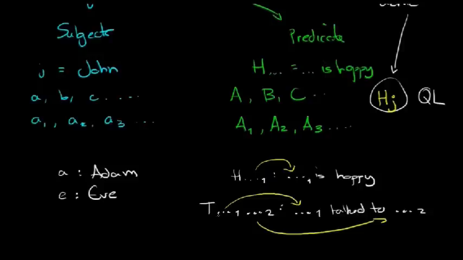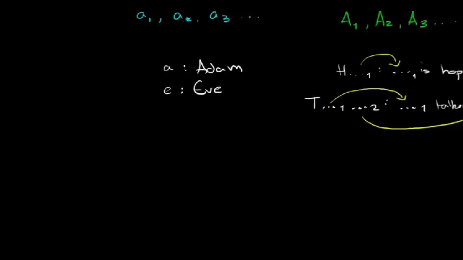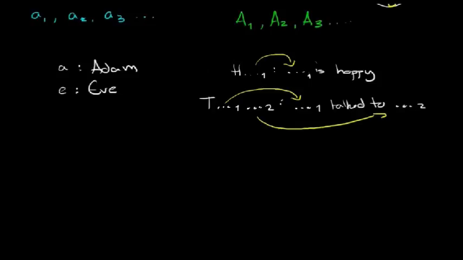But in writing T 1 2, we're also showing that this predicate has 2 spaces and therefore needs 2 subjects in order to be complete. So if we just apply that quickly, if we had, I don't know, T A E, that's going to translate into Adam talked to Eve.